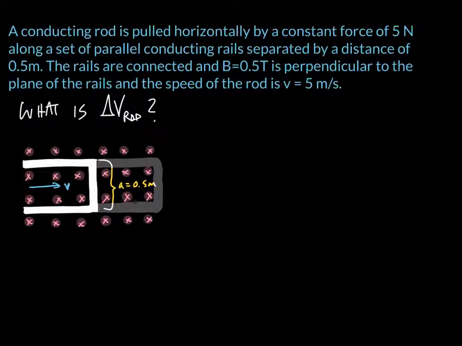But in this case, you have a rod that's on two rails, and so this rod here is being dragged along these two rails, and so what that means is as that rod keeps moving to the right, the area of the loop keeps increasing. Okay, meaning the area through which magnetic flux is flowing keeps increasing because this conducting rod, which is dragging across two conducting rails, is creating a larger and larger loop.